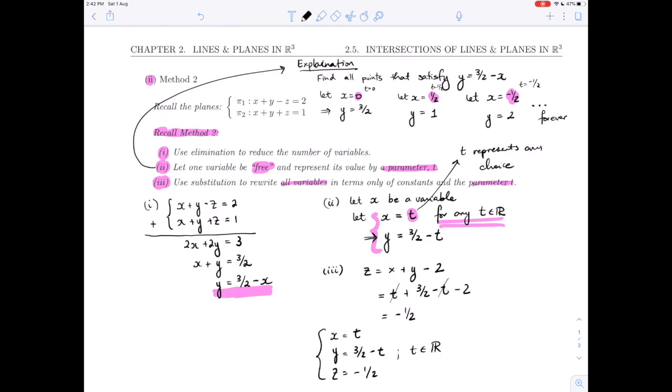Now, take a look at that for a second. That looks like something that we've seen before.